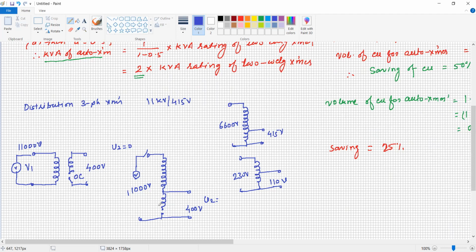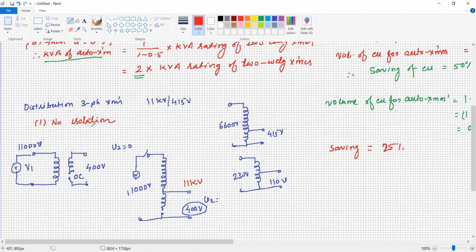Because of the opening in the secondary winding terminal, the rest of the primary voltage is going to appear across the secondary, where 400 volt is needed, and it is going to create nearly 11 kV. Definitely whatever instruments and equipment are connected on the secondary of the auto transformer are going to burn out or get damaged. So there is no isolation. So the disadvantage is no isolation.